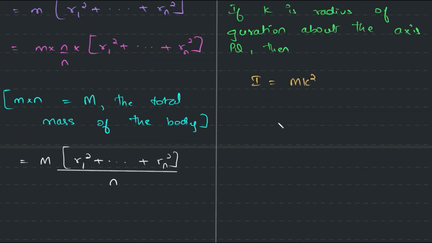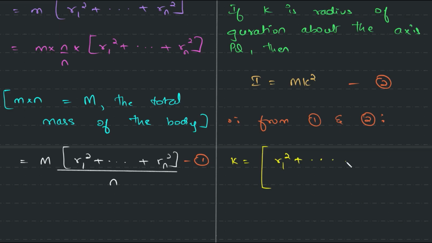Right? So from 1 and 2, what can I tell about the k value? Therefore, from 1 and 2, what we have is k is equal to the root of r1 square plus dot dot dot plus rn square, this entire thing divided by n. So that's your k value. That's how you'll be able to figure out the k value.